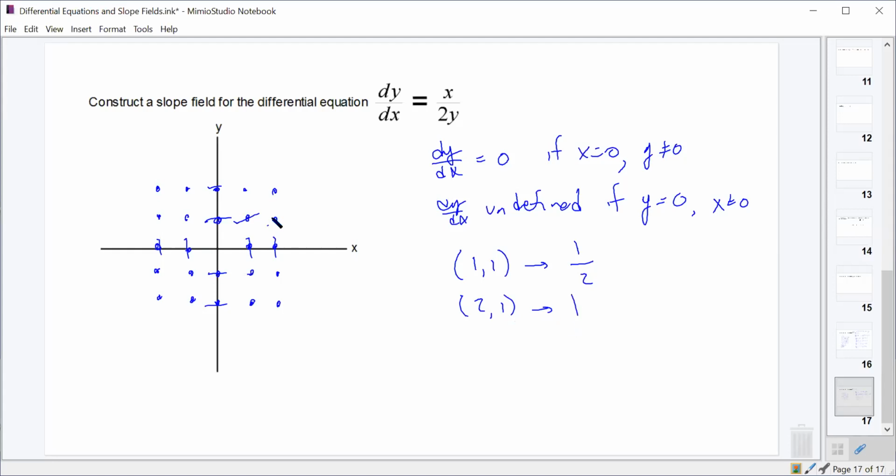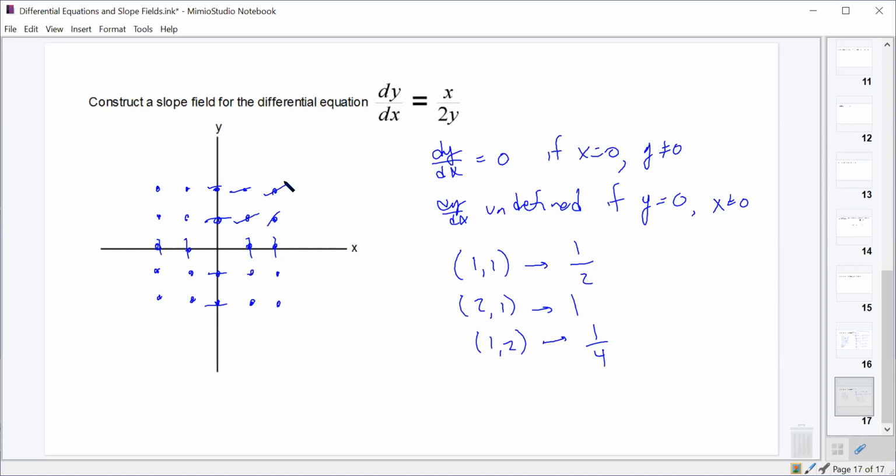And you'll note that this pattern of as we go to the right in the first quadrant, they increase should follow for all the rest of them. If I plug in 1, 2, what do I get? I get a fourth, right? Even less steep. And then if I were to plug in 2, 2, that'd be a half. So it's increasing, but it's still pretty shallow of a slope there.